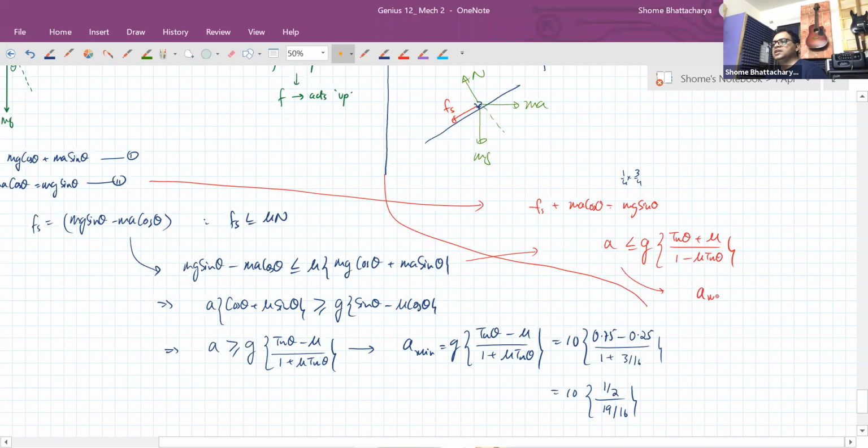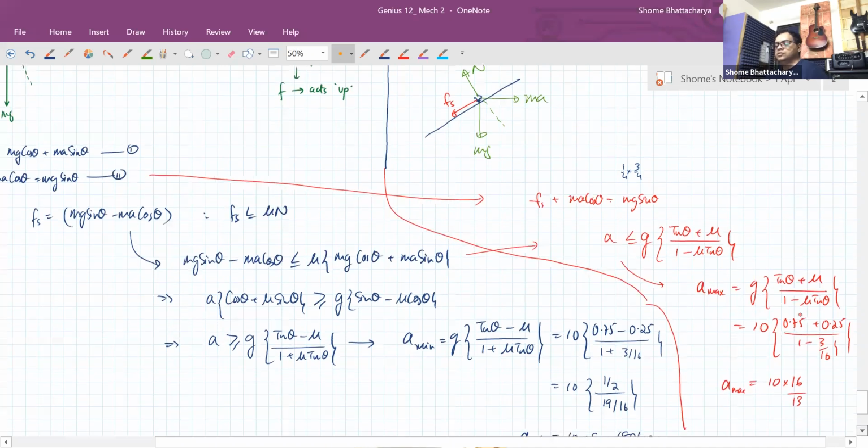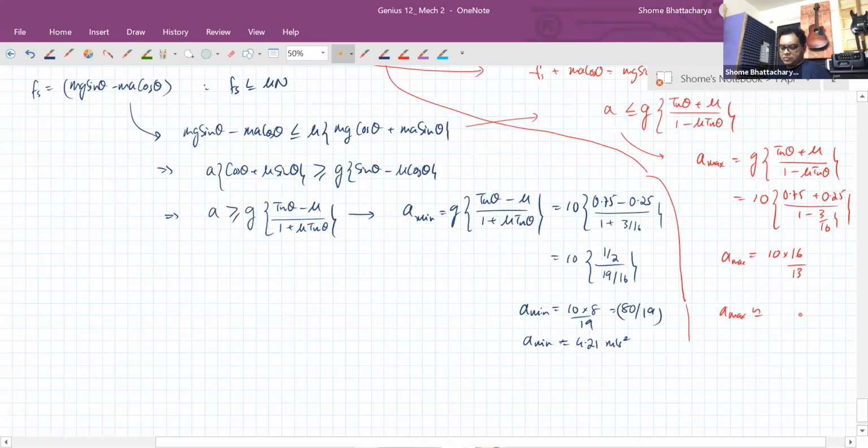So from here, our A max will come out to be 10 into that, and correspondingly the maximum acceleration will be about 12.31 meters per second square.